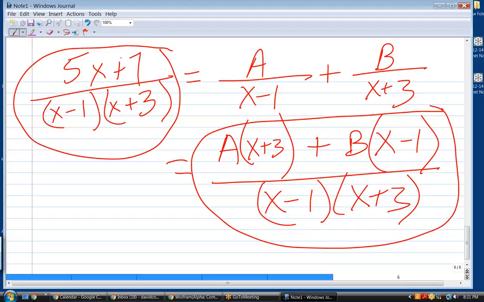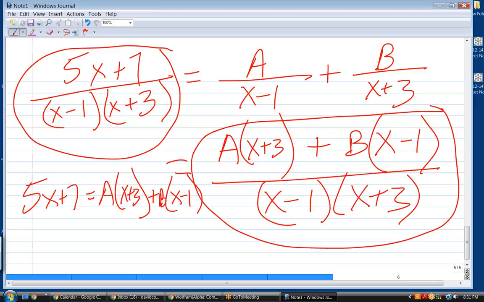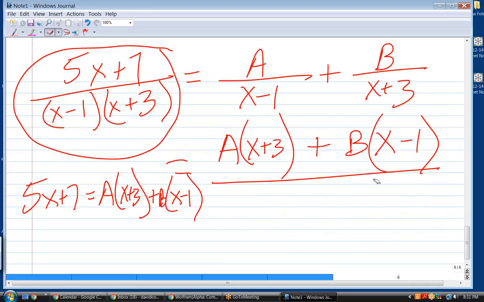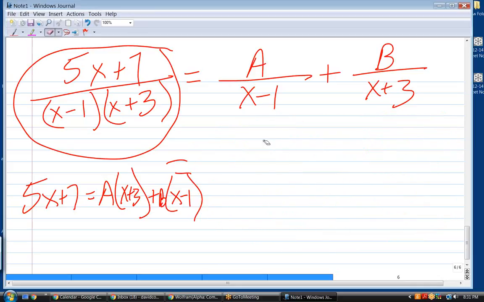In other words, 5x plus 7 has to equal my numerator over here. 5x plus 7 has to equal A times (x plus 3) plus B times (x minus 1). Okay? That has to be true.